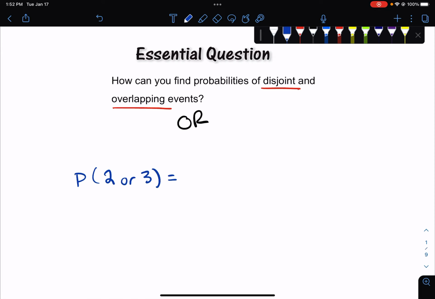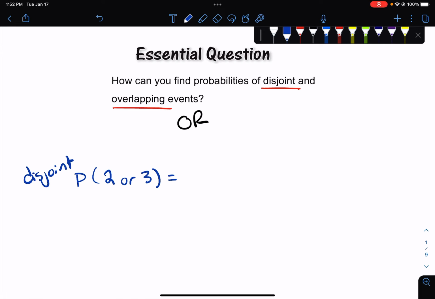If I were to roll a die, there's no way that I can get a 2 and a 3 at the same time. That makes this a disjoint event because both things can't happen at the same time.